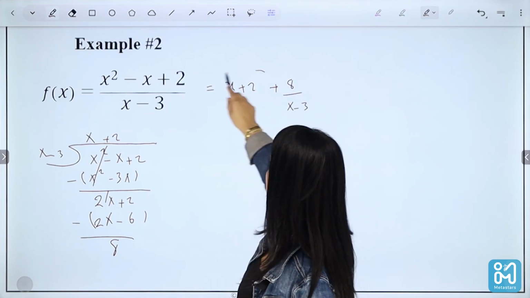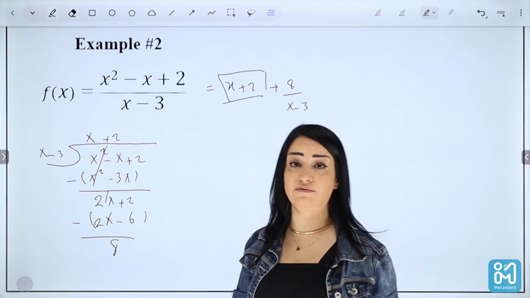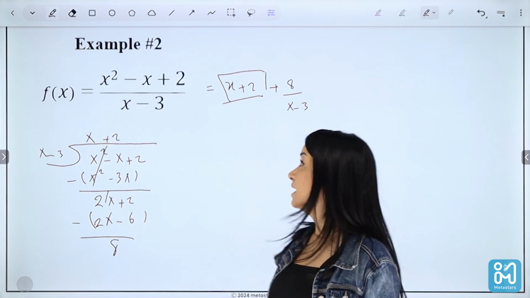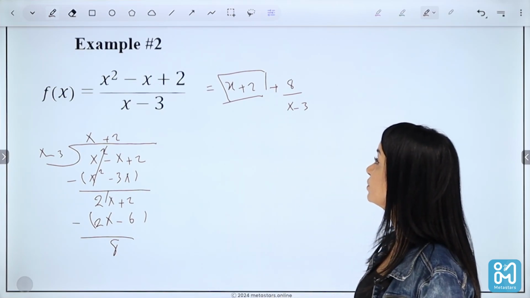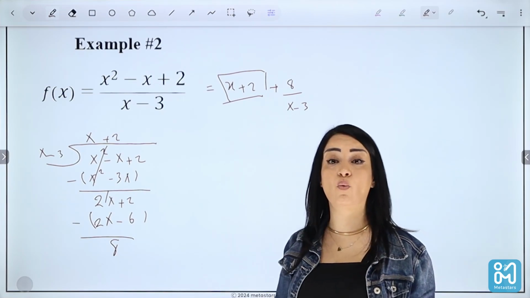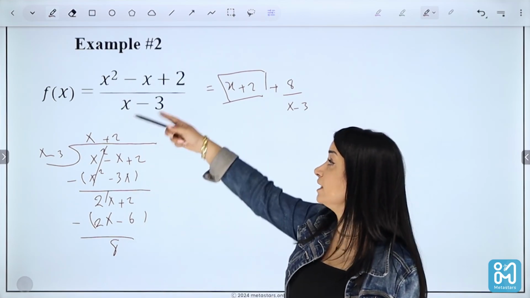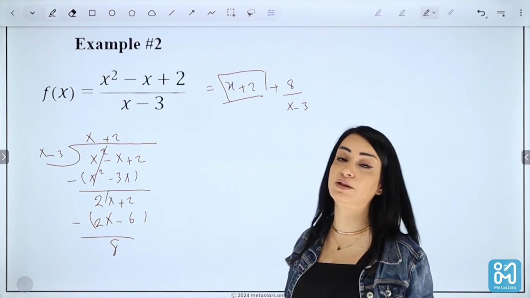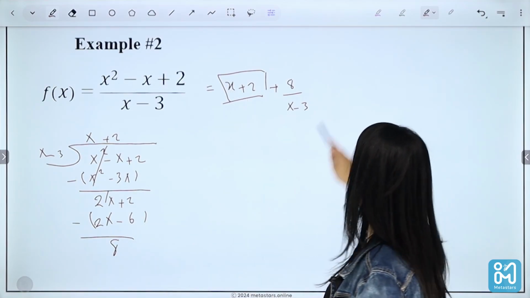So what is the end behavior here? The end behavior is x plus 2, which is what? It's a linear function. So the end behavior is going parallel with the end behavior for x plus 2.